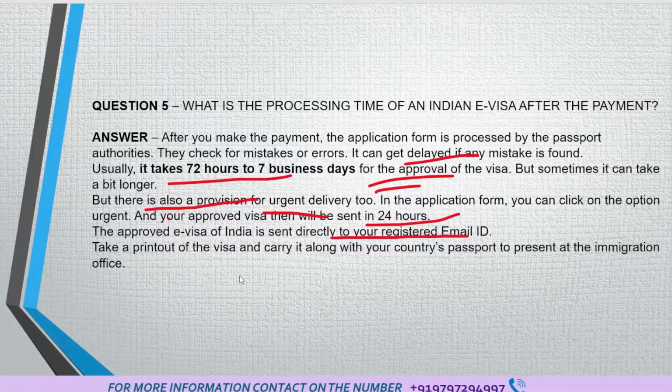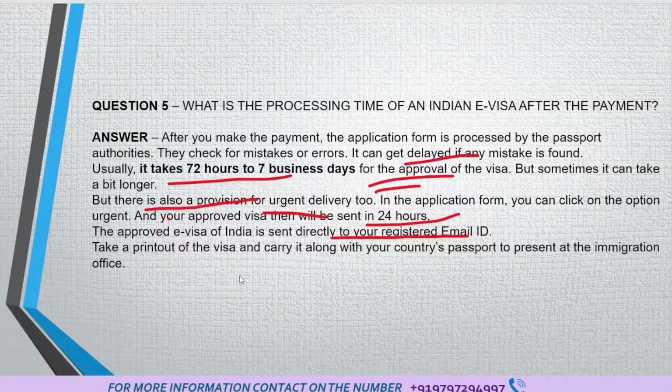That is why I told you that please try to provide your correct and valid email ID, or else you won't receive your approved e-visa. Then just take a printout of that visa and carry it along with your country's passport. Make sure that you have your genuine passport along with you, because it will be inspected at the immigration office in India.